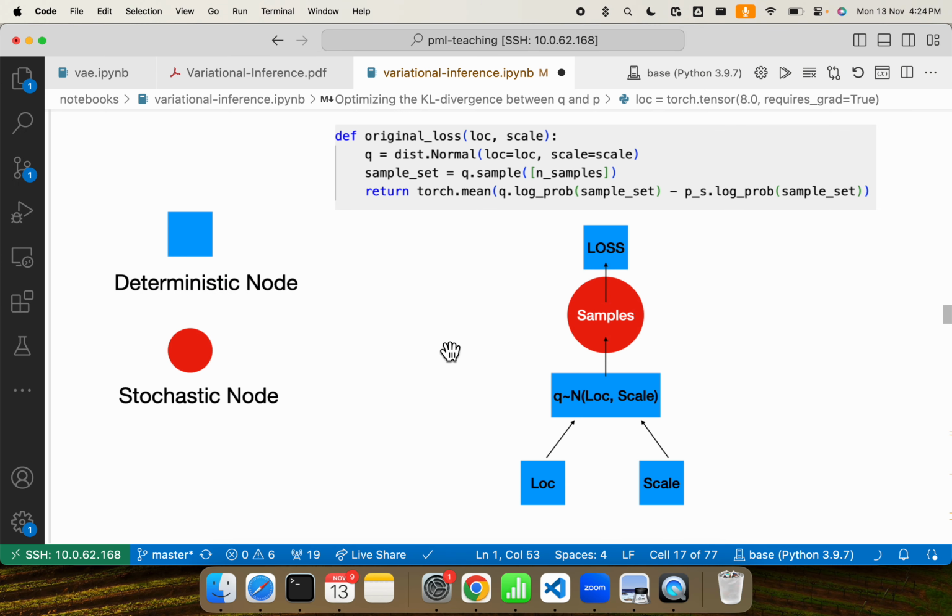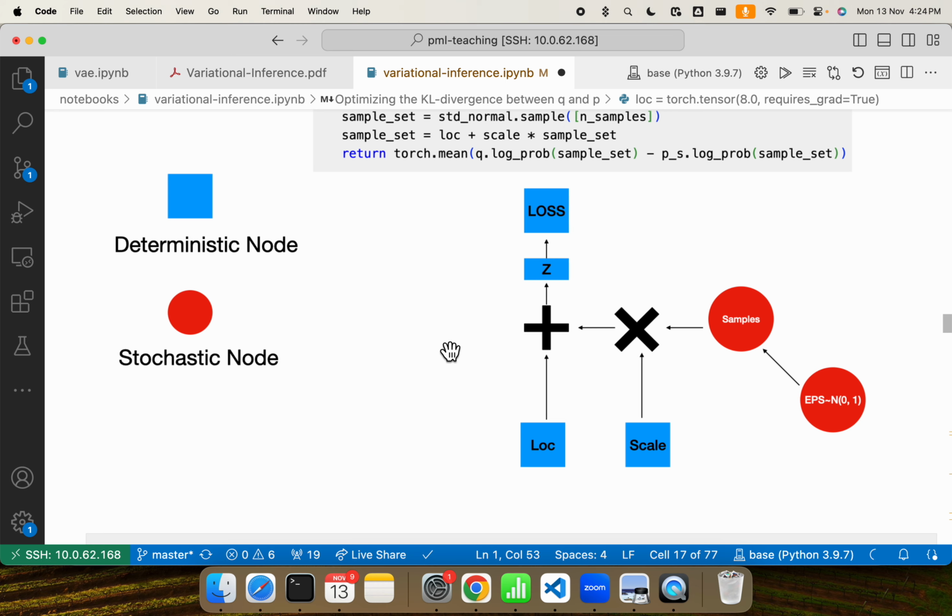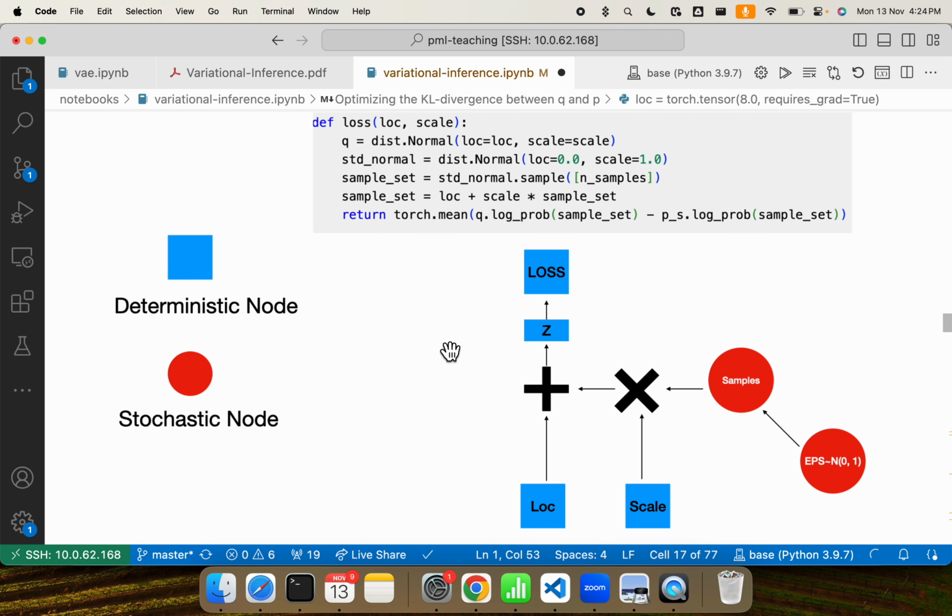So this is a loss function which will not allow us to backpropagate. In contrast, let's look at a slight variation. I create samples from the standard normal, which is mean 0, scale 1. I have my location and scale. I do scale into samples. So I create a standard normal, which is dist dot normal, location 0 and scale 1.